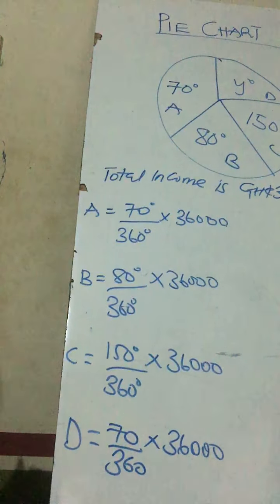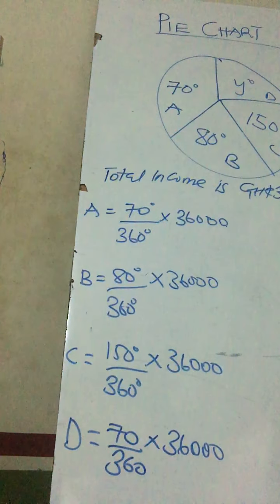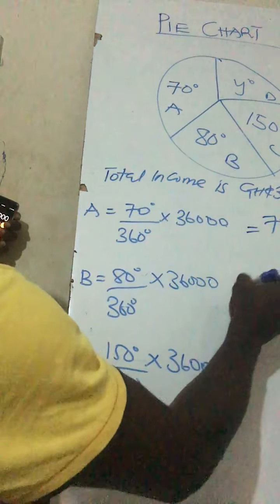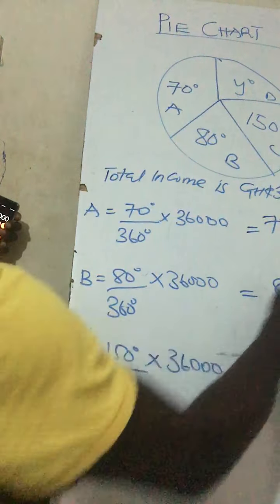So the first one, 70 divided by 360 times 36,000. So we get here to be 7,000 Ghana cedis. We get here to be 8,000 Ghana cedis. We get here to be 15,000 Ghana cedis.